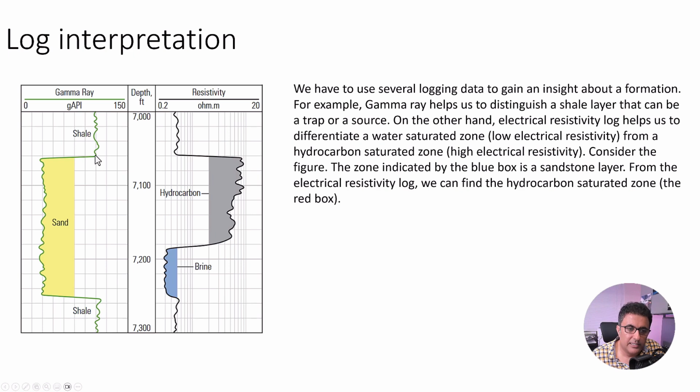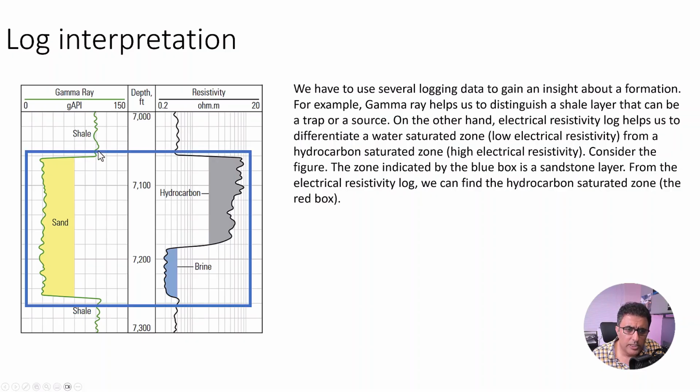So look at this example. Here you see two zones with relatively very high gamma ray reading, close to 100. Let me just mark them here, this zone and this zone. Since they have very high gamma ray, we may interpret them as shale formations.